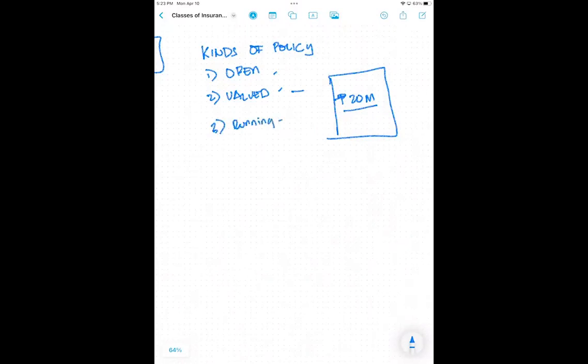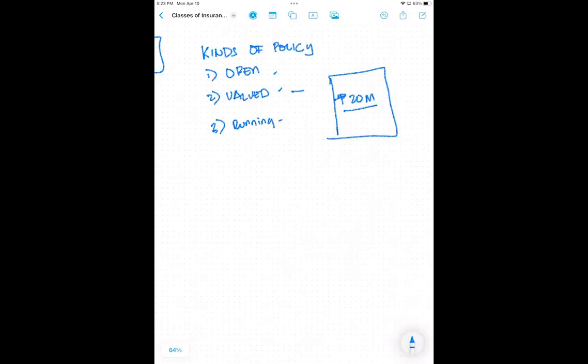So ginamit natin example dito noon, no? Running when the subject matter of insurance, let's say, is a warehouse or store na nagbabago-bago every minute, every hour, yung value of the property, right? Because if there would be new inventories, the value of the property would increase. If there are deliveries or sale or mga disposition, then the value of the warehouse or the store would diminish.